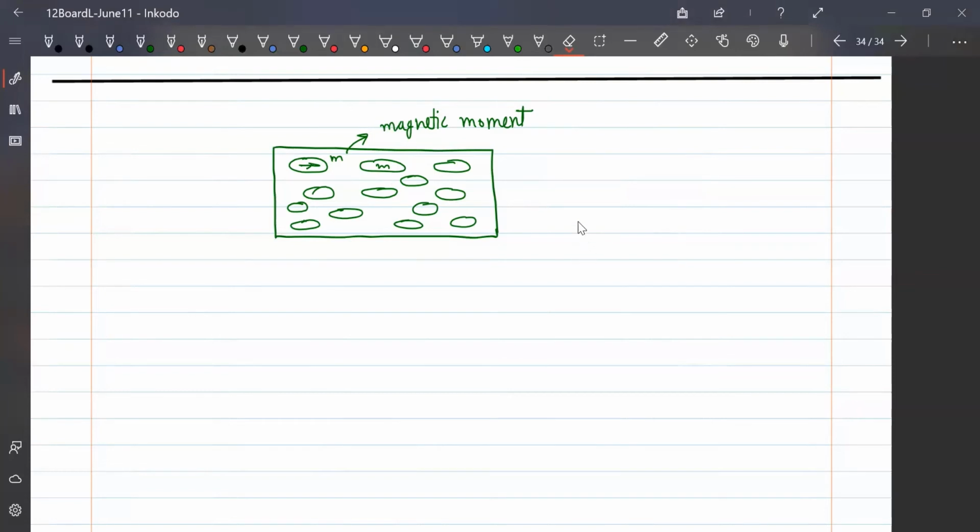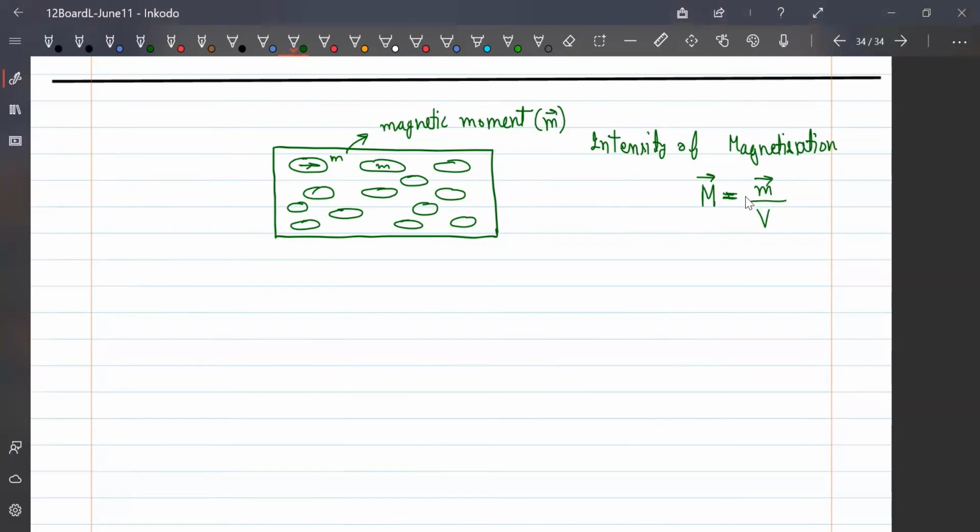So magnetic moment is your m vector. और magnetic moment जब एक quantity define करते हैं, that is magnetization or intensity of magnetization. Magnetic moment is m vector और यहाँ से हम define करते हैं intensity of magnetization. That is your capital M vector. So capital M vector is small m vector per unit volume.